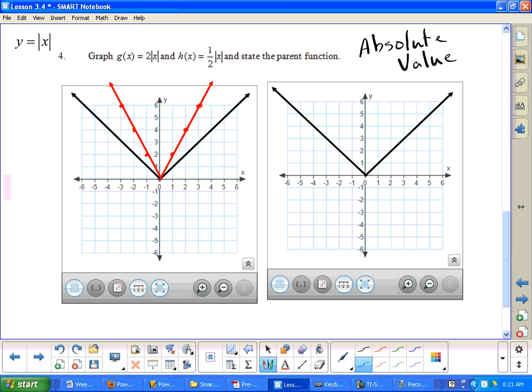So h of x, it says 1/2. So that means I'm going to take all my y values and I'm going to compress them by 1/2. So instead of at negative 1, 1 it is going to be at negative 1, 1/2. 1, 1 is going to be at 1, 1/2.